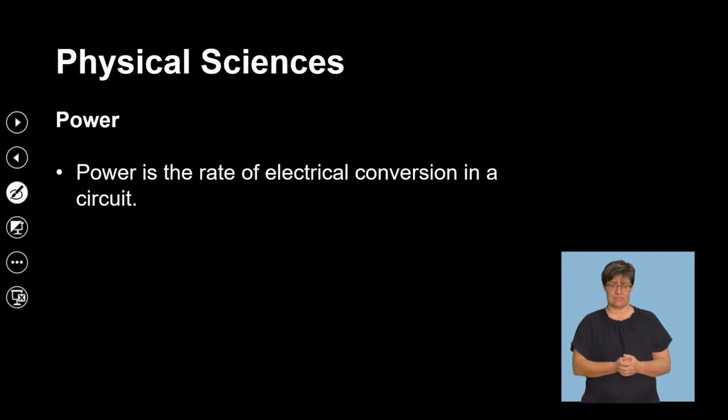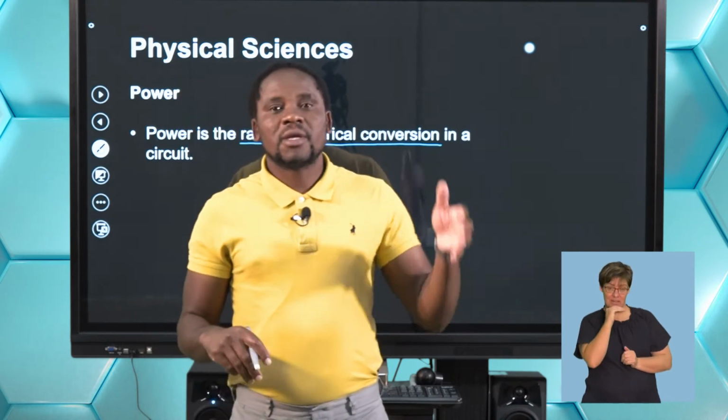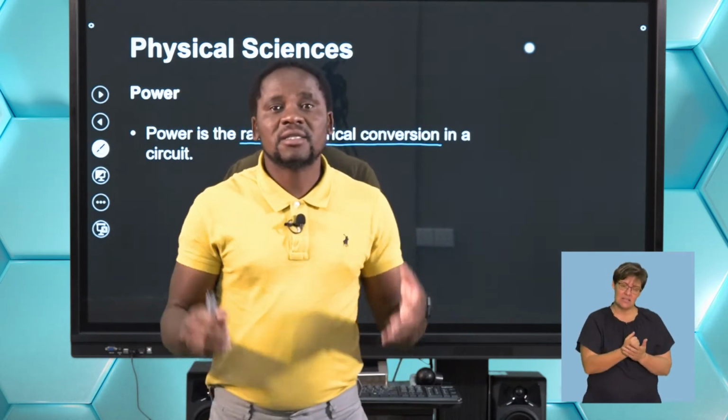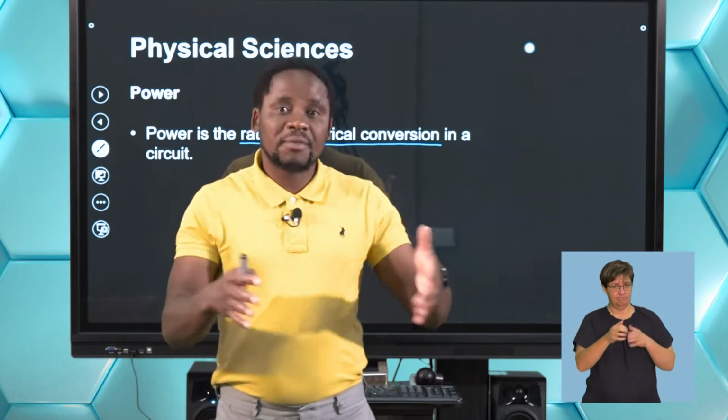Okay, now let's talk about power, because this is our key focus for today. By definition, power is the rate of electrical conversion in a circuit. Rate, that's the key word, and then electrical conversion is another key word. But remember, when it comes to definitions, we cannot overemphasize the importance of the examination guidelines.